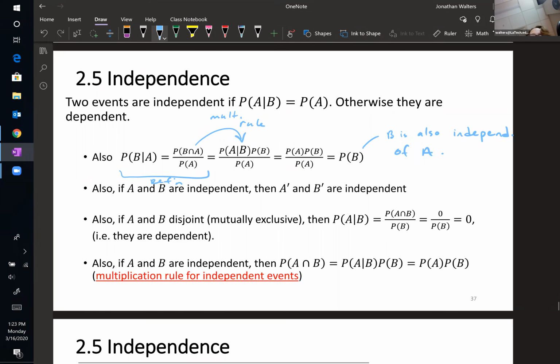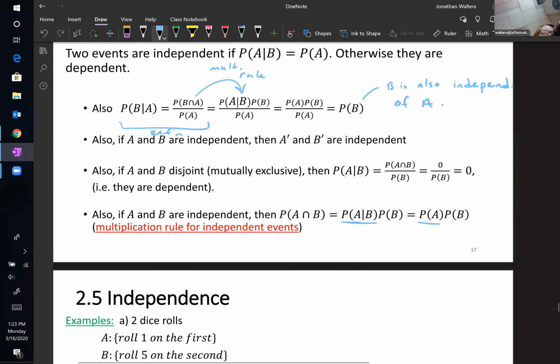So the probability would change. Also, if A and B are independent, then probability of A intersect B equals probability of A times probability of B, because this one, we said, doesn't change if B already occurs. So it's just probability of A.